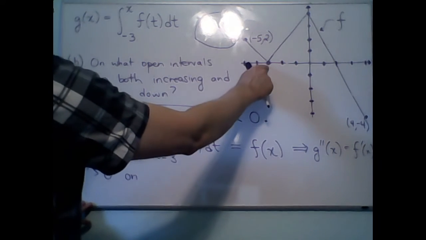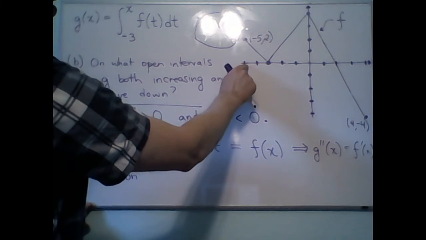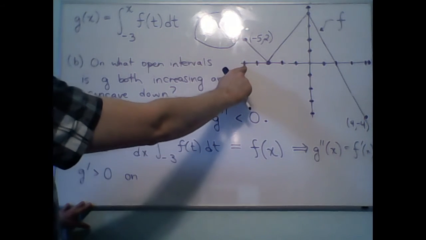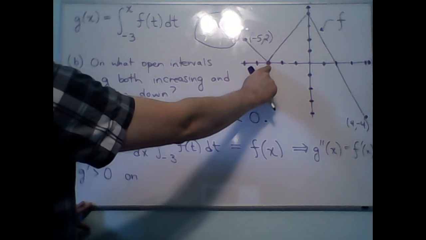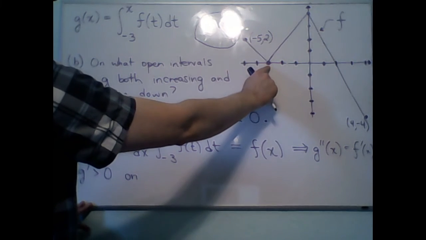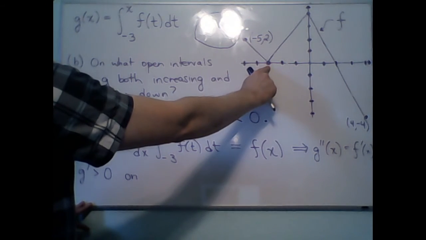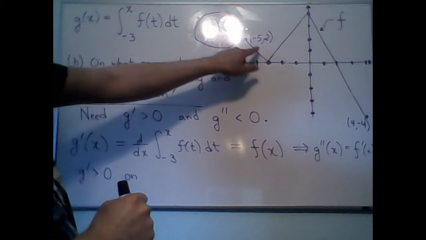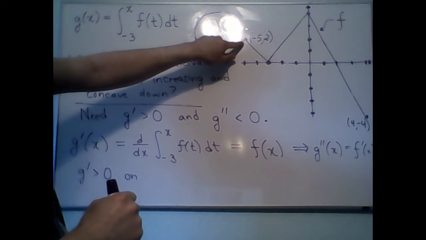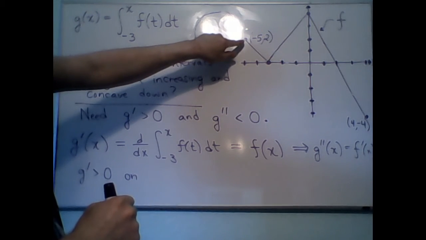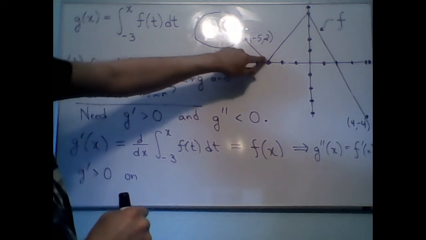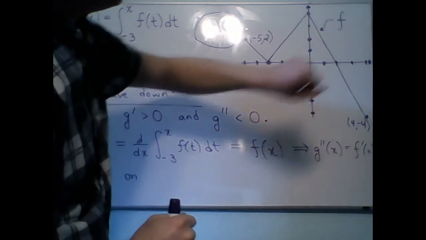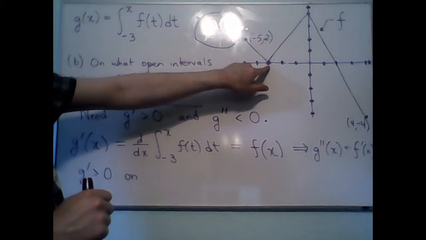F has an isolated 0 right there. G prime is strictly positive throughout this region and is non-negative at a single point.